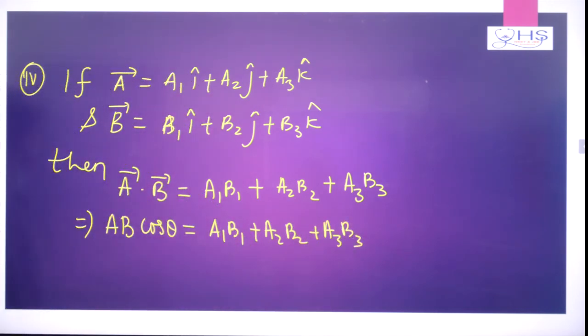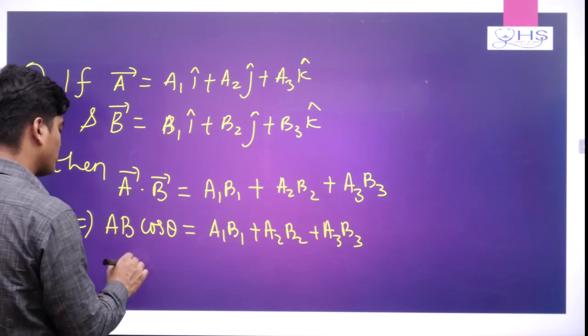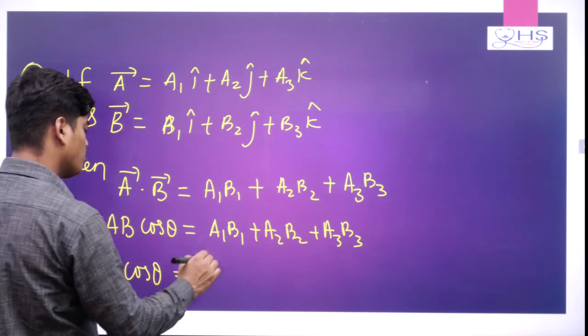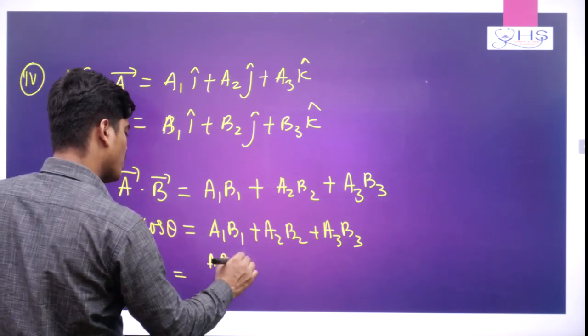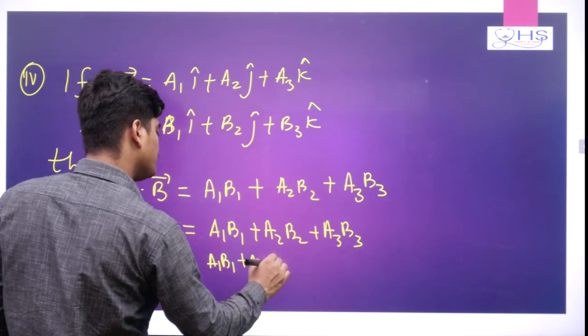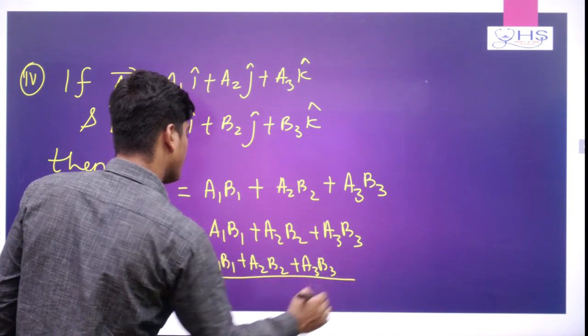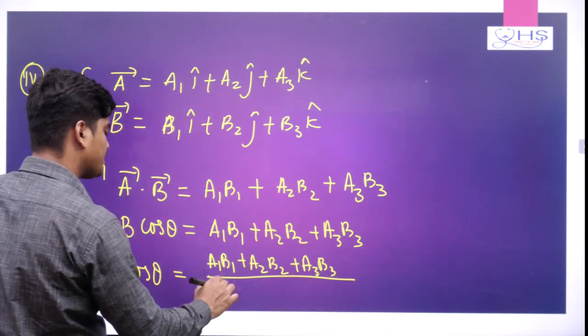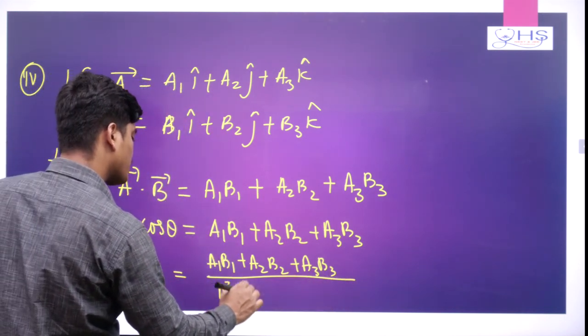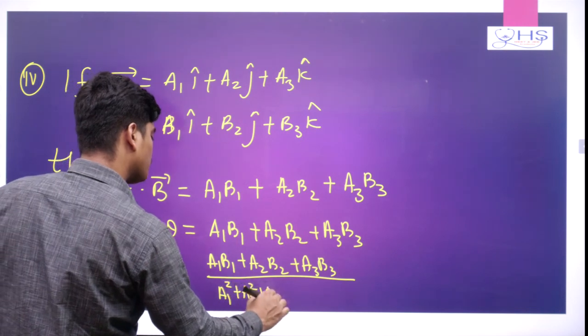Now remember, if I want to find cos theta, then I take a1 b1 plus a2 b2 plus a3 b3 divided by ab. This ab is the magnitude of a times the magnitude of b.